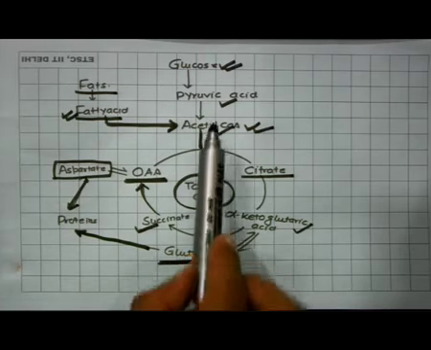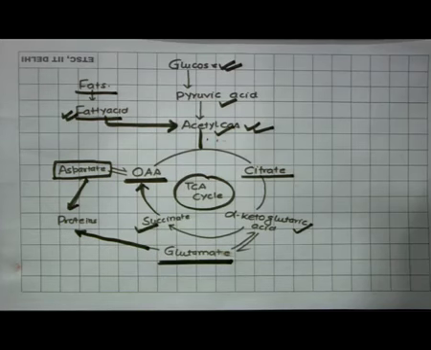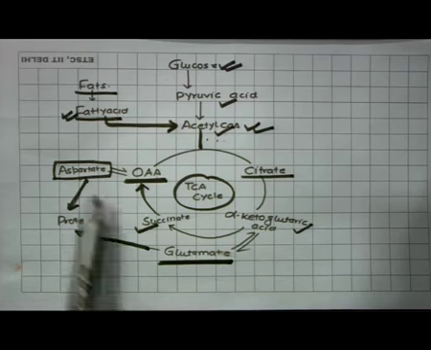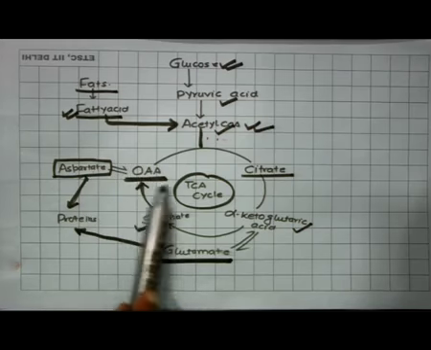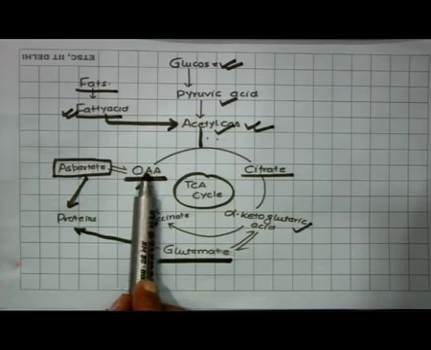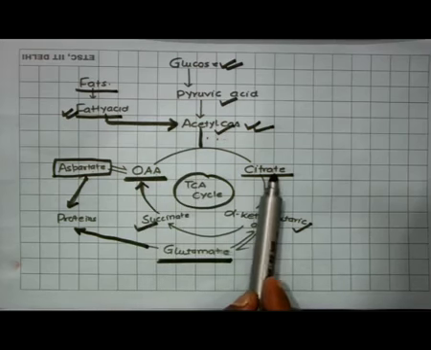This acetyl coenzyme is directly involved in the tricarboxylic acid cycle, and protein helps in the formation, vice versa, of aspartate. Aspartate again forms oxaloacetic acid. This oxaloacetic acid combined with the acetyl coenzyme forms citrate.